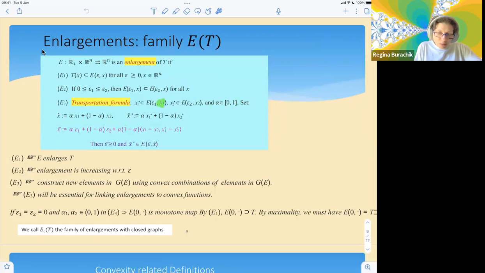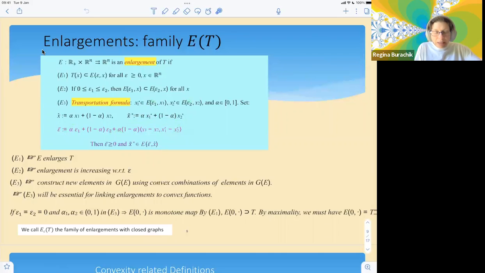The elements in the domain x1, x2 give you some x hat, and the elements in the codomain x1 star, x2 star give you some x tilde. And then you construct a parameter epsilon bar, which has the convex combination of the errors epsilon 1 and epsilon 2, plus a correction term.